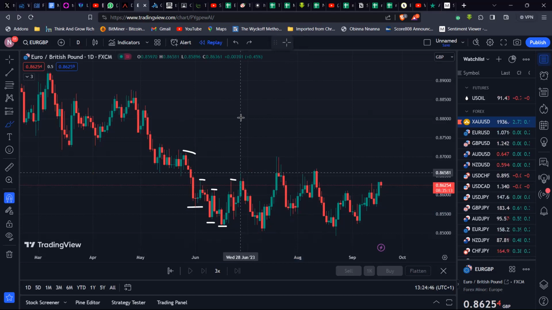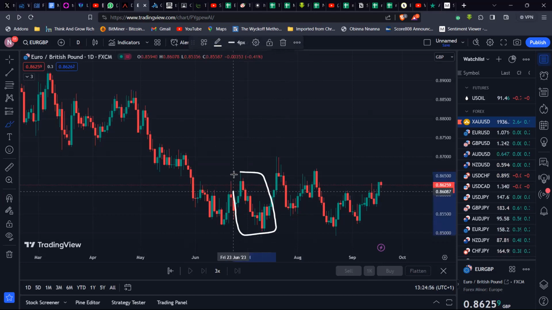We are currently within this range, and this is a bearish range. This range here, I wouldn't do anything with this one really. But if anything, the intermediate structure is looking quite bullish, so maybe look to target this high.